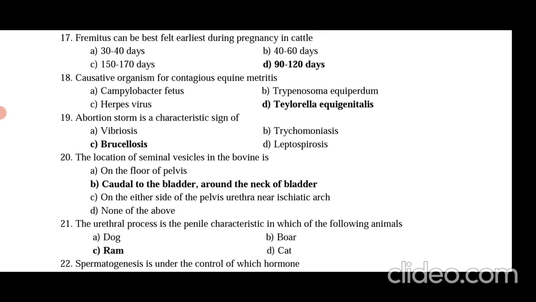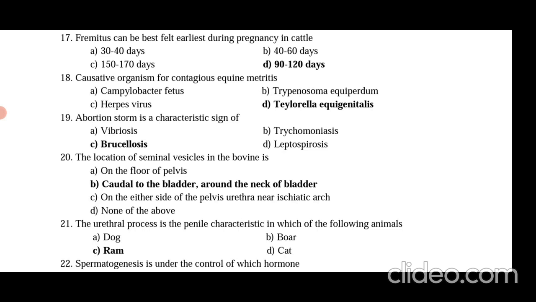However, these cases are fewer than those in which Brucella abortion happens only once, and at its second parturition the animal delivers normally, with no abortion at its second parity. Brucella abortion occurs in the 3rd trimester. It's also a point. The location of the seminal vesicle in the bovine is caudal to the bladder, around the neck of the bladder.